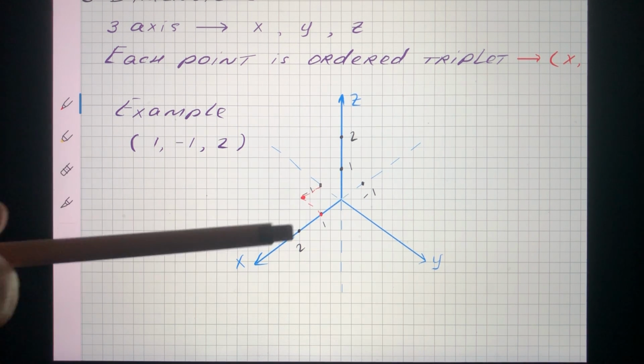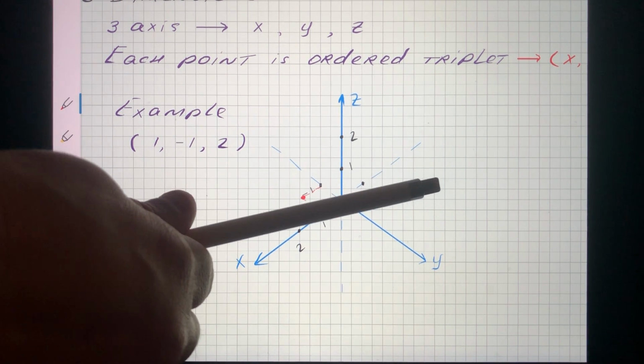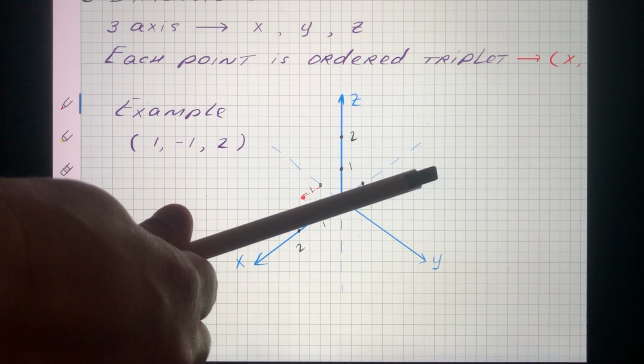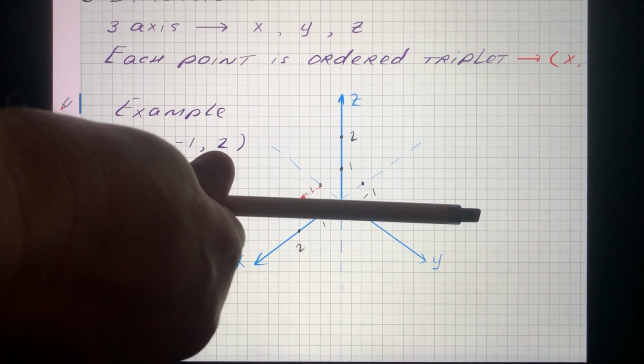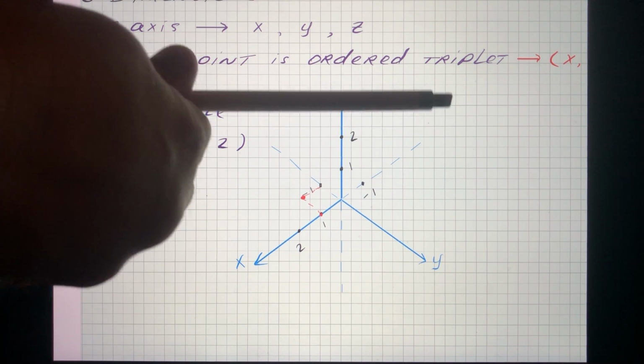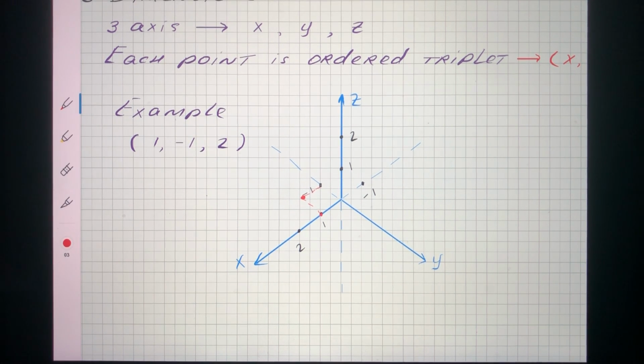This is flat on the horizontal plane, x, y, and now we're counting 2 units up, 1, 2. So to show that, we can draw a vertical dotted line here, and we will be right about here.